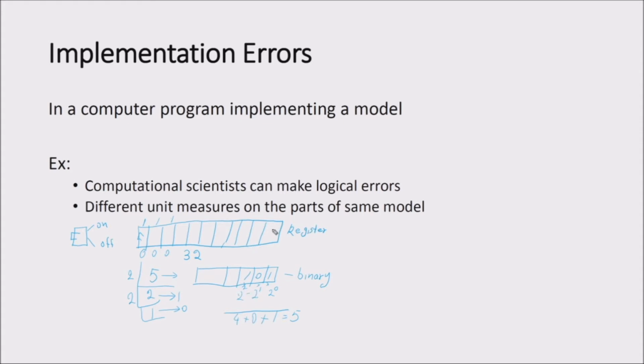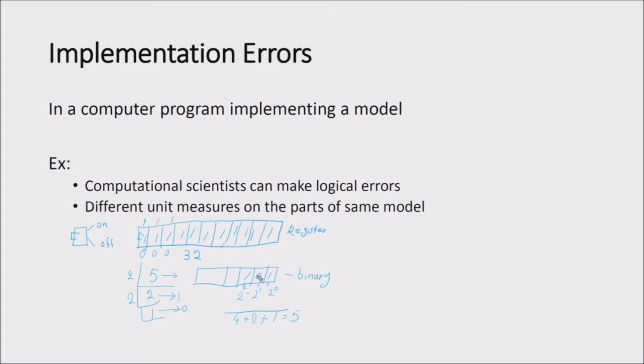Right, so it's starting from 2 to the power 0. So the maximum number you can store in this one is 1 1 1 1, like that. So the maximum number you can store in a 32-bit register is nothing but everything is 1, right? So what is the actual value here?